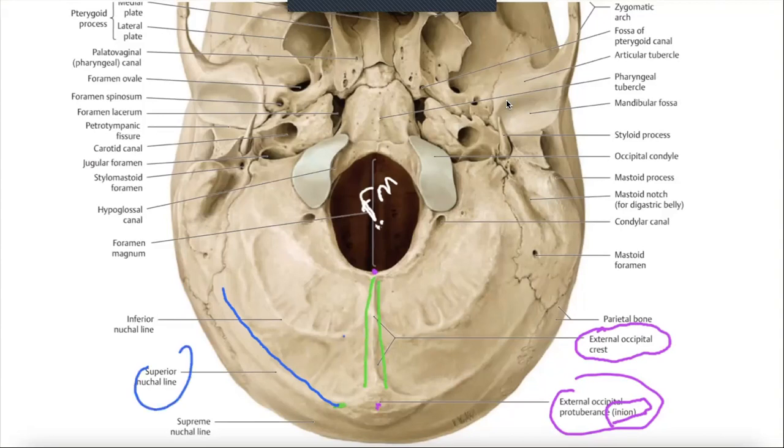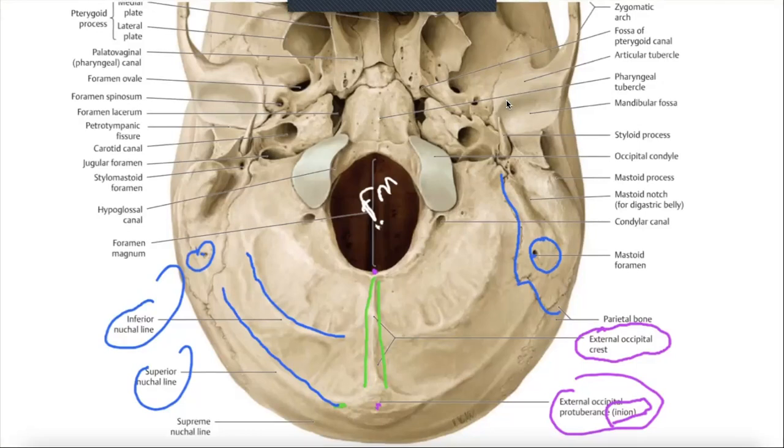To these lines are attached the muscles of the neck. And you see the mastoid foramen, usually within the occipitomastoid suture. So this is the mastoid foramen, right? So that is norma occipitalis.